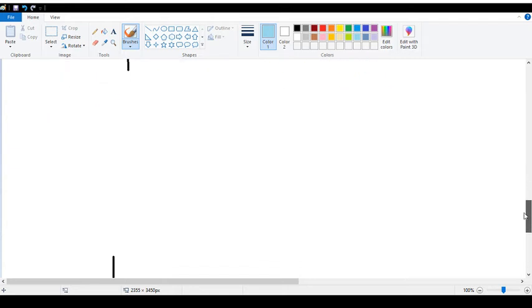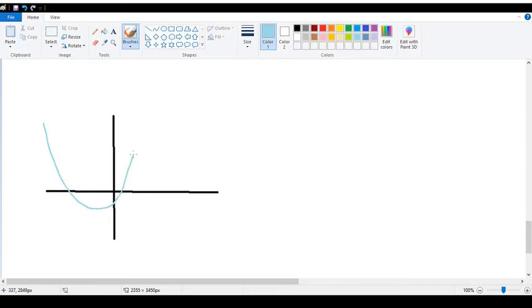Let's look at another graph. Let's say I had something like this. Let's say this was -2, this was 1, let's say that was 3, and this was 5. When is this graph negative?